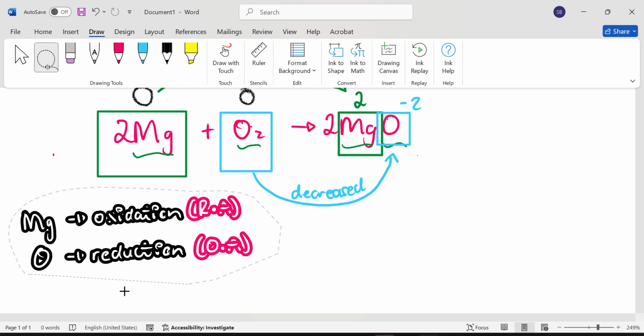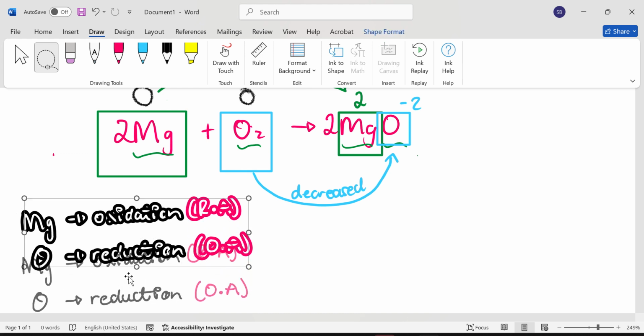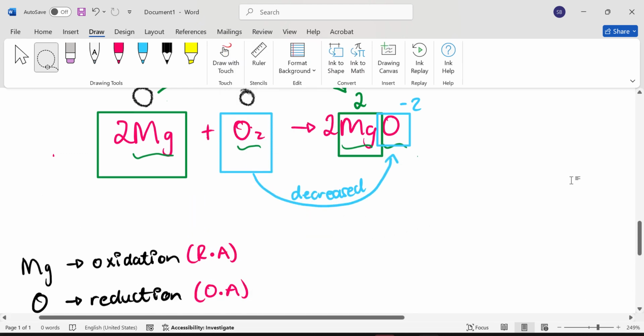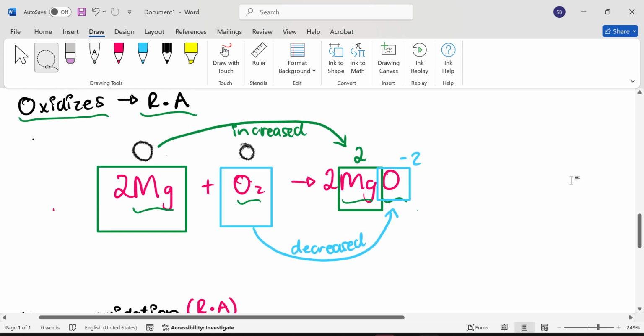Now, think about it. Like I said initially, when something loses electrons, it oxidizes. When it gains electrons, it reduces.